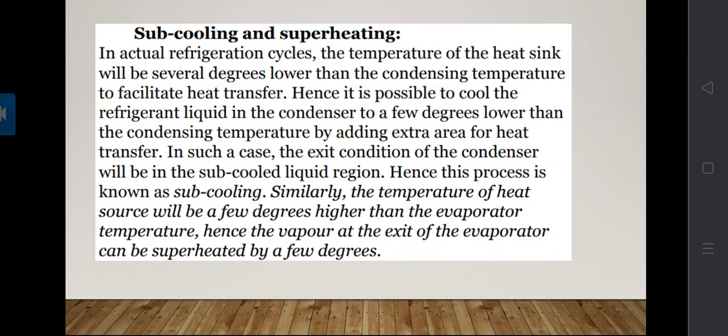Hence it is possible to cool the refrigerant liquid in the condenser to a few degrees lower than the condensing temperature by adding extra heat transfer area. In such a case the exit condition of the condenser will be in the subcooled liquid region, so the process is known as subcooling.